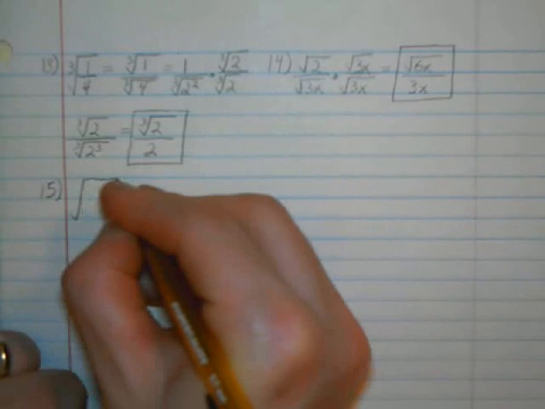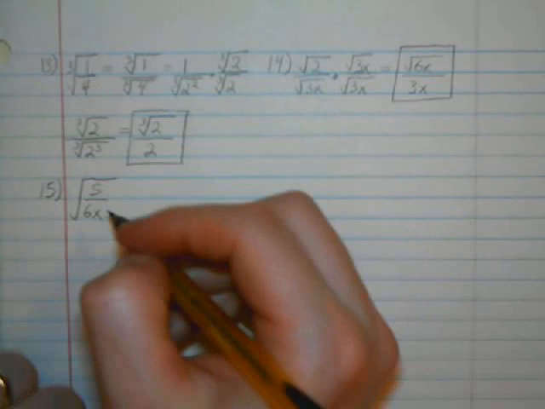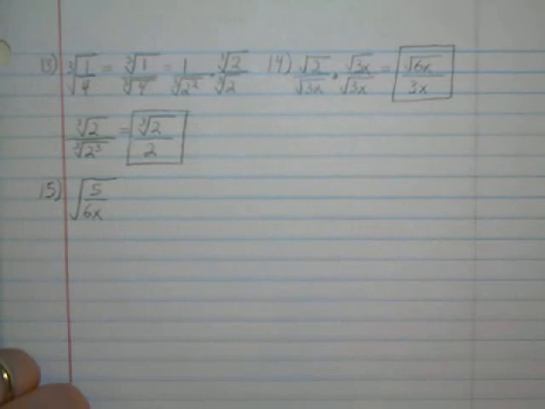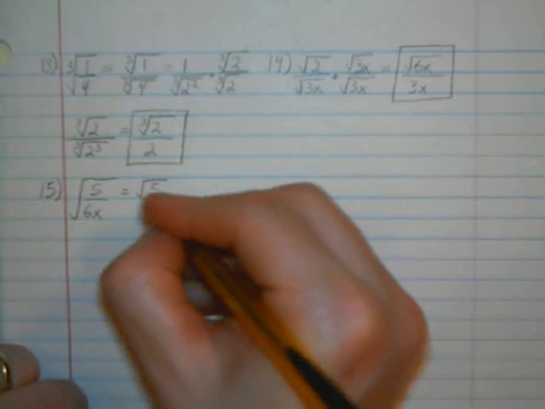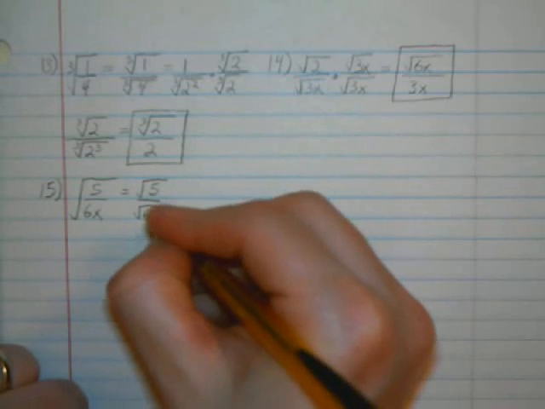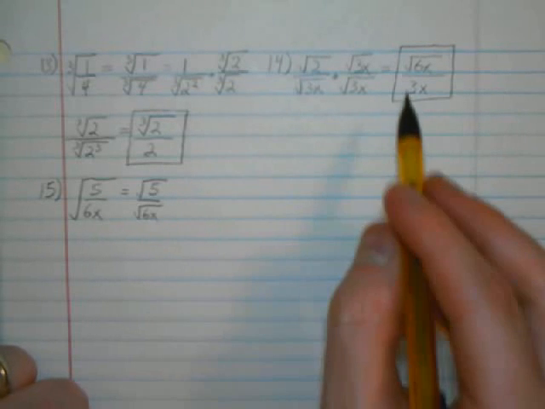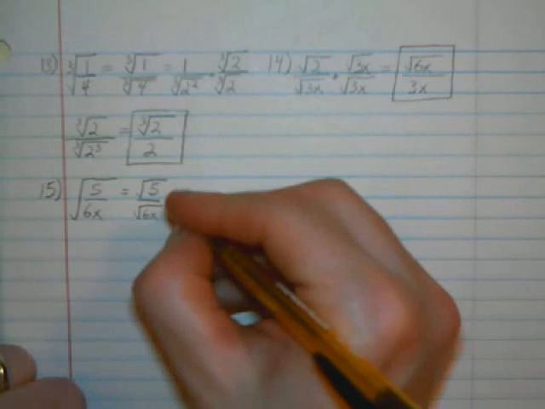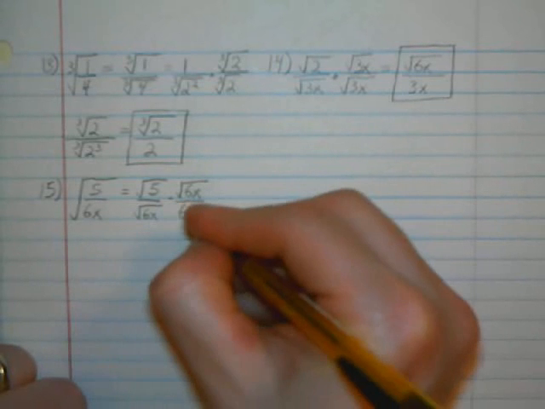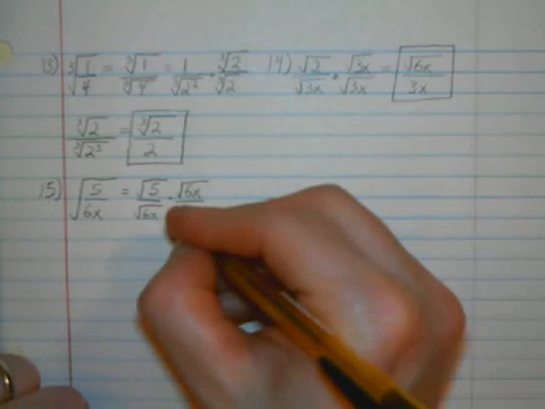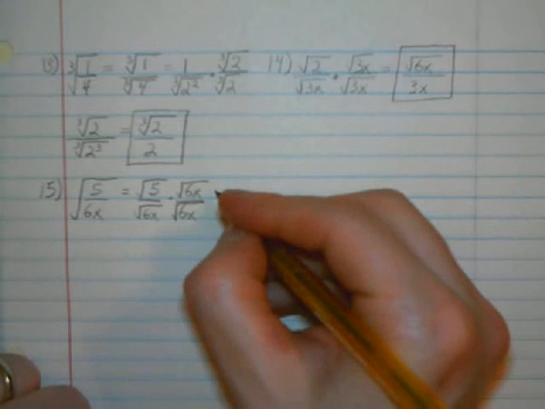Alright, 15. I've got the square root of 5 over 6x. Now 5 over 6x, there is no reducing that I can do. So I'm going to go ahead and split it up into the square root of 5 divided by the square root of 6x. At this point, it is very similar to what we just did in problem 14. So I'm going to multiply to rationalize my denominator by the square root of 6x times the square root of 6x.